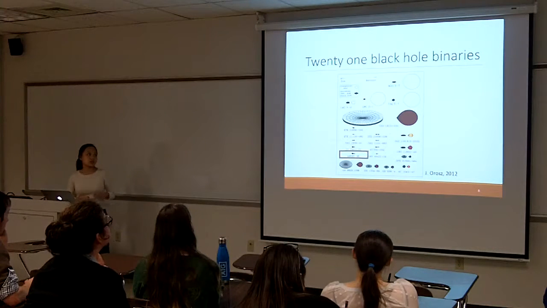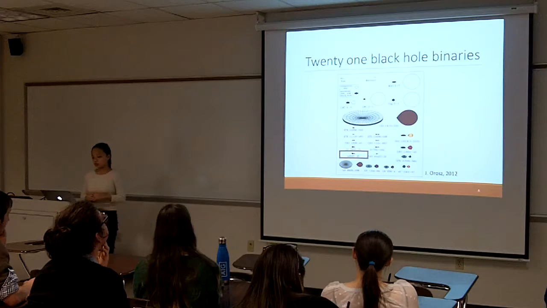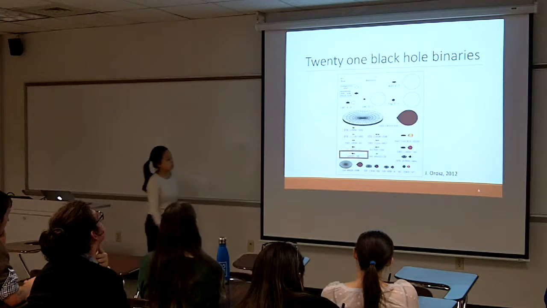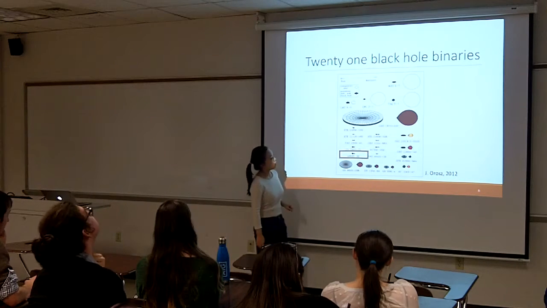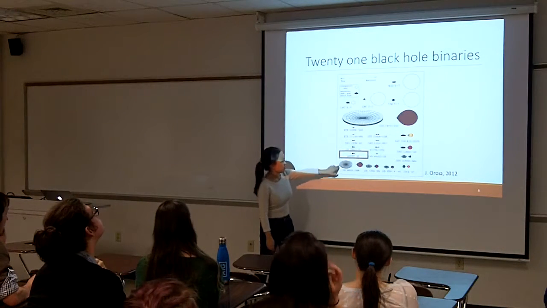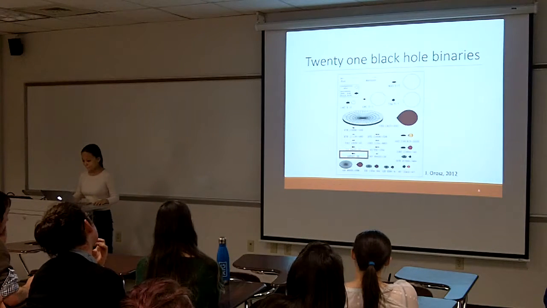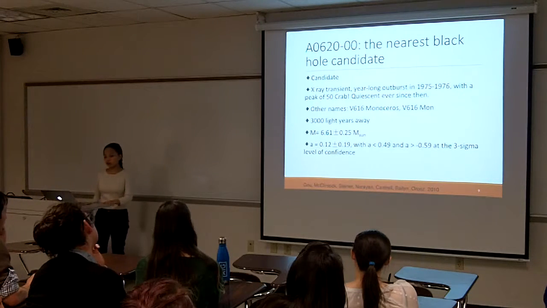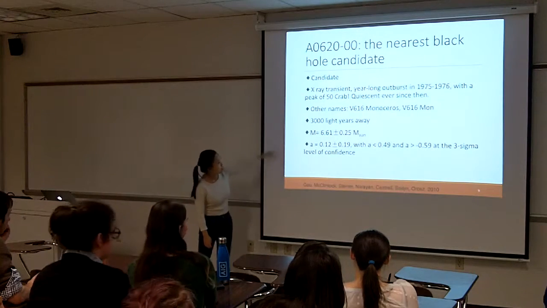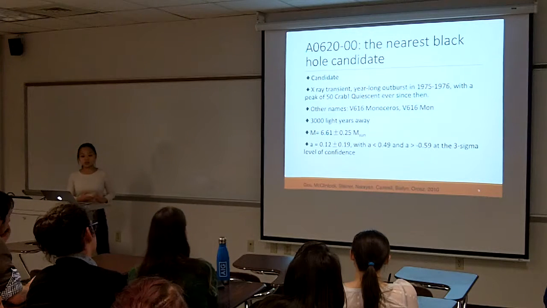So the first question is which black hole I'm looking at. For now, people have observed 21 black hole binaries in total, and the one we're looking at is here. And it is relatively small. In this picture, the accretion disk is here, and this is the connected star. According to some formal papers, these are some data of A0620, the nearest black hole candidate.